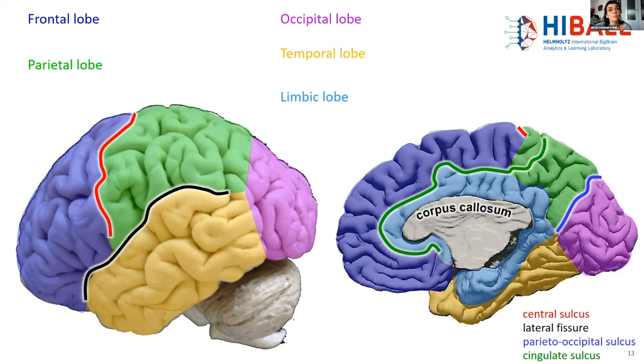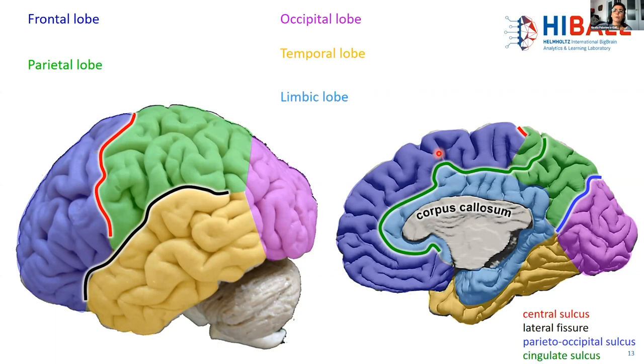This is not the case for the medial surface. Here, it is the parietal occipital sulcus that serves as a very good landmark, okay? And the cingulate sulcus can help us most times identify at least the basic location of the border between the limbic and the frontal lobe.